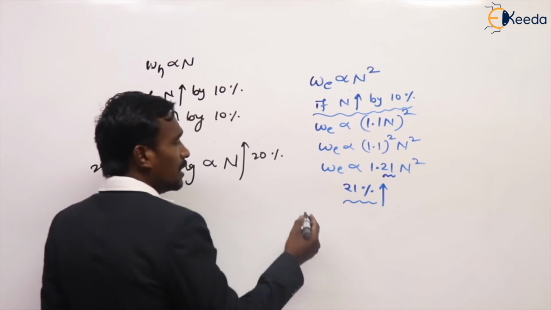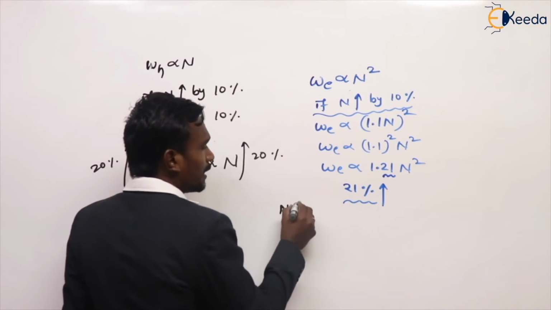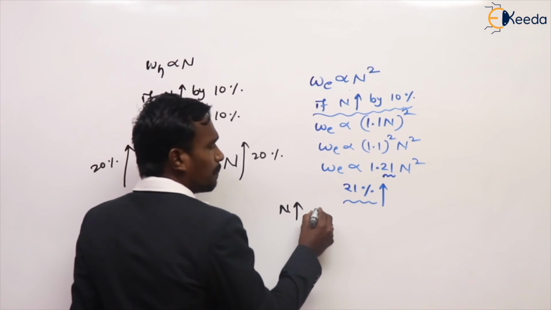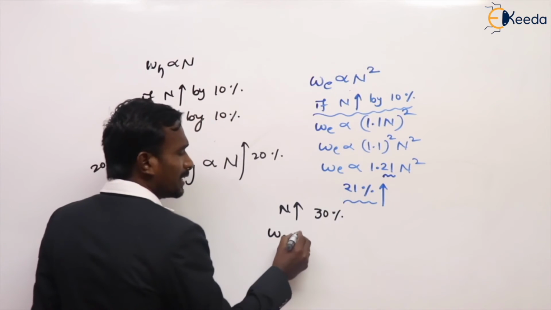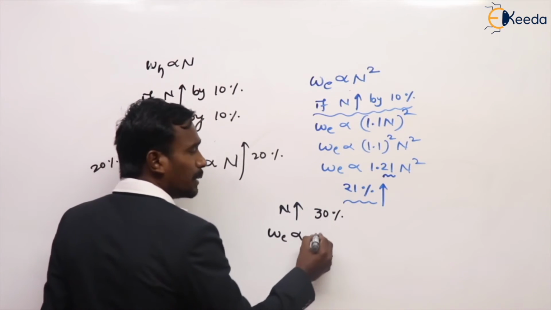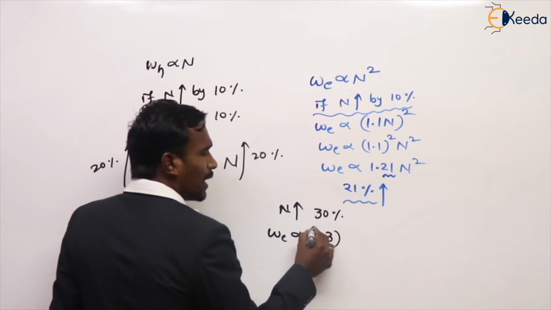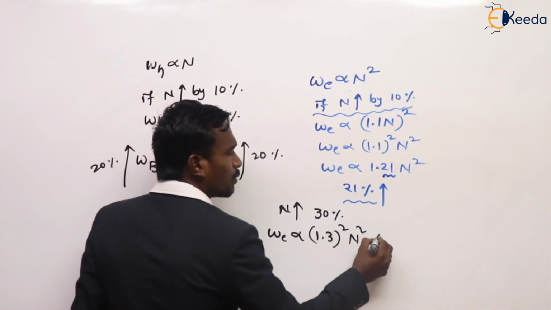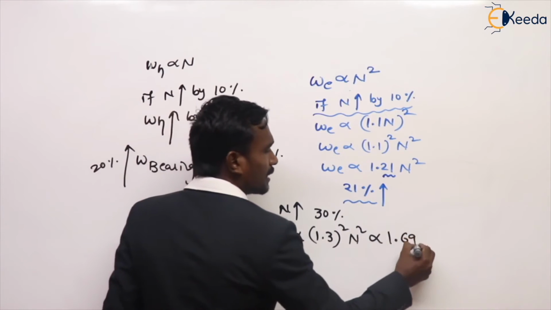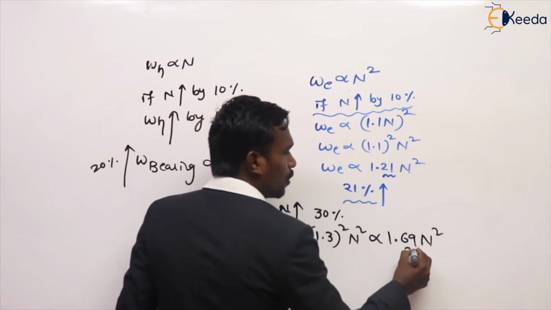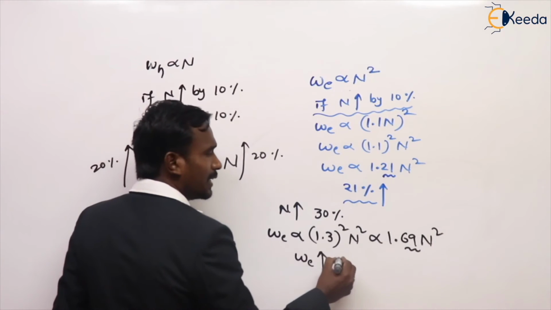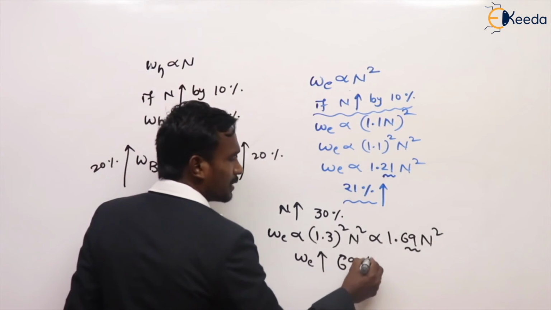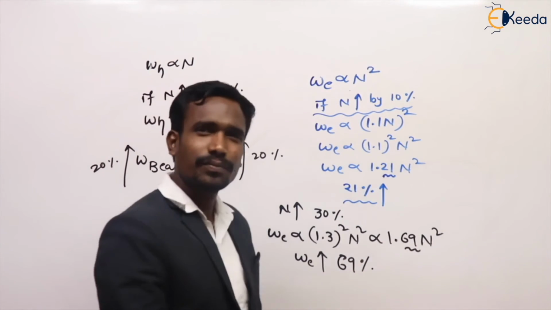Similarly, if the speed increased by, for example, 30%, then eddy current losses are proportional to 1.3 square times n square, which is 1.69 n square. So if speed increased by 30%, eddy current losses increase by 69%.